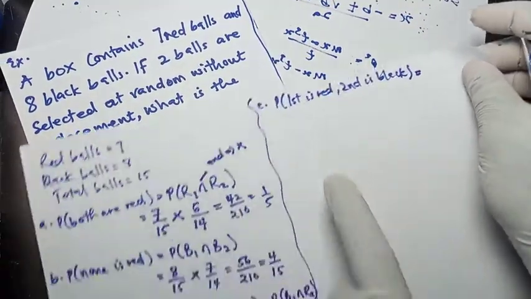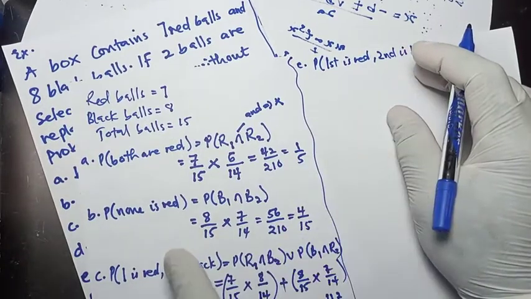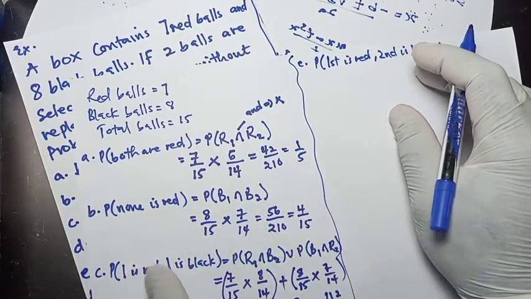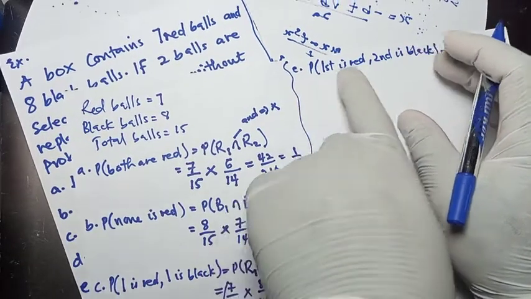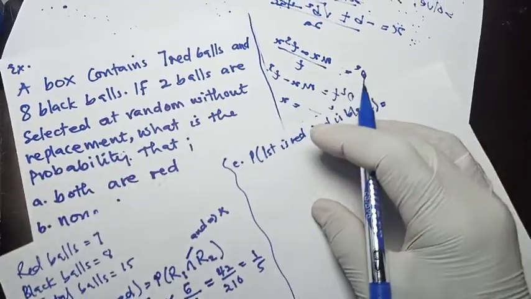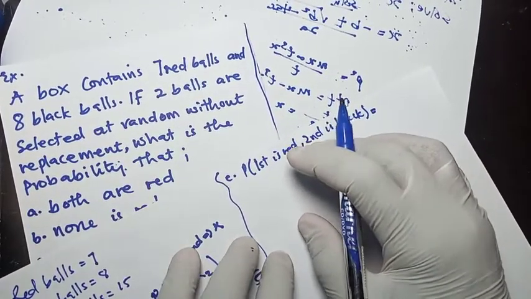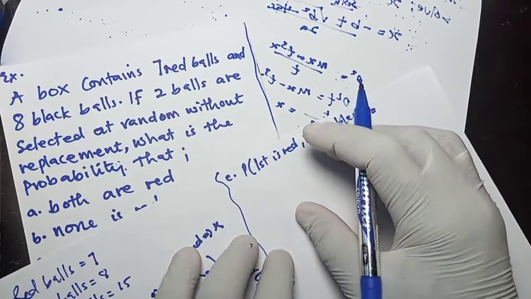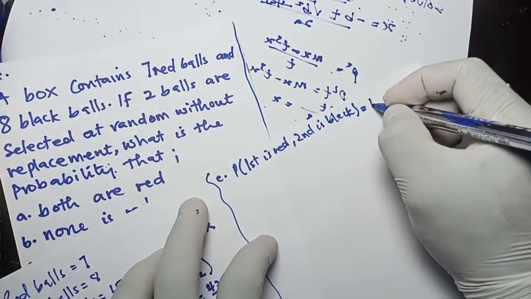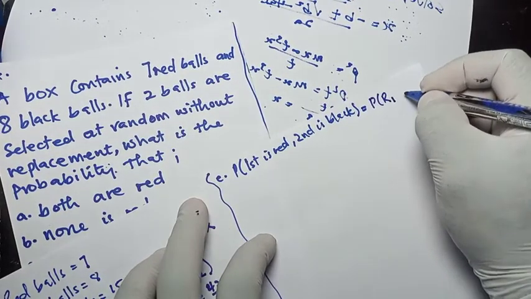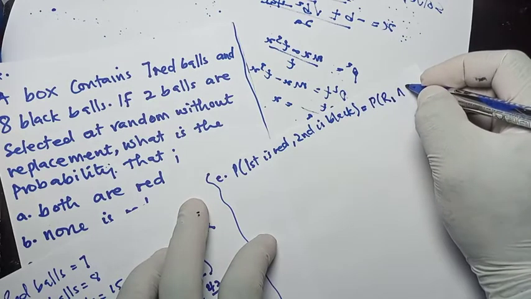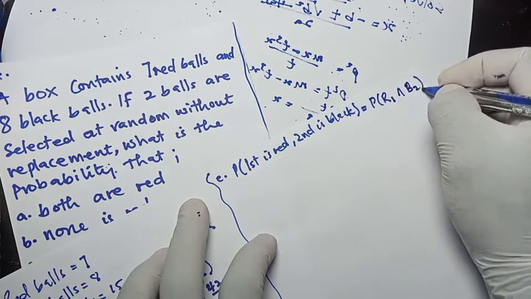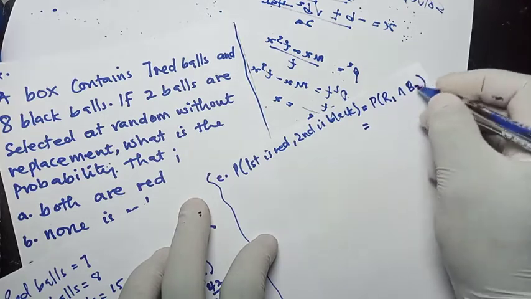Now note the difference between this and this. Here 1 is red, 1 is black. Here first is red, second is what? So here we are being restricted to maintain red first, then second to what? Black. So this will be red first and what? Black second.